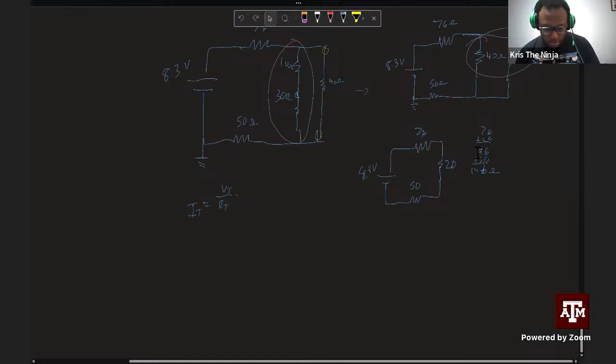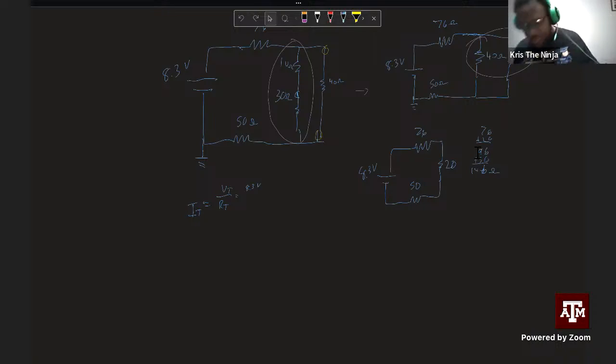That equals 8.3 volts over 146 ohms. That gives you roughly 55, wait, no, 56.8 milliamps.